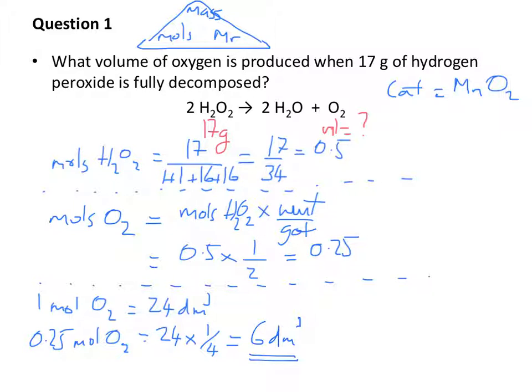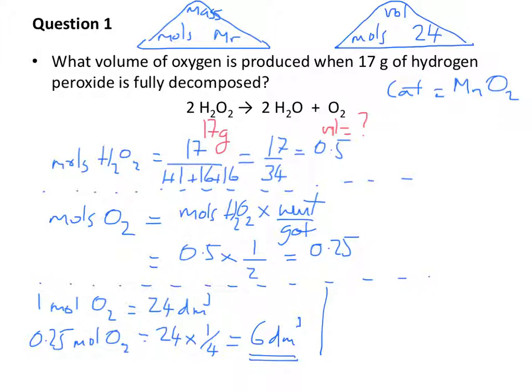I have seen people use a triangle for the gas volume. So rather than using that method, they would use this kind of triangle up here, where you have moles and then volume on the top, and then if you're working in decimeters cubed, 24 down there.